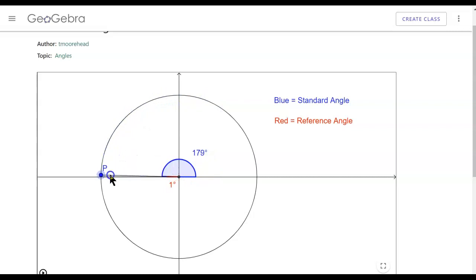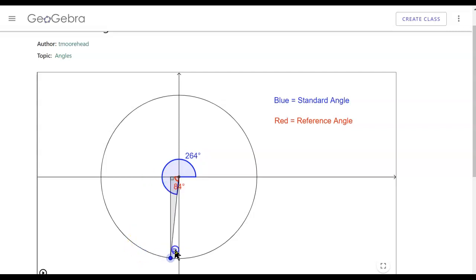If I go all the way down to the third quadrant, let's say to, what would 180 plus 60 be? 240. That same size triangle has been flipped all the way around. Even though the angle we're looking at is 240, again going from the positive x-axis all the way around to the hypotenuse, we're just looking at that little triangle that's created in the third quadrant, and the reference angle is 60.